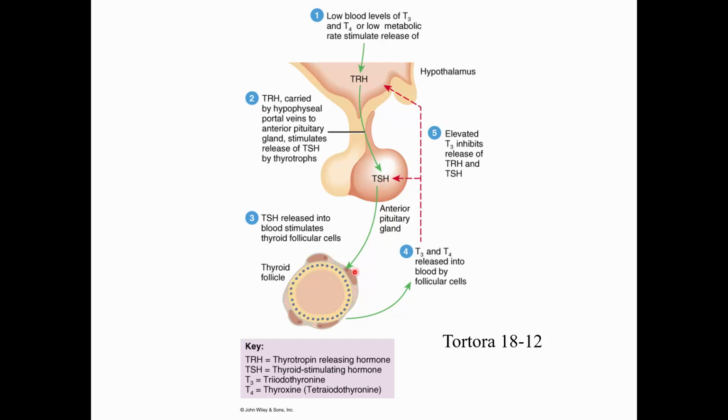That goes to the thyroid gland, here we see the follicle structure, and tells the thyroid cells to uptake iodide, to make more T3 and T4, and also to break down T3 and T4 and release it into the blood. If T3 and T4 go into the blood, they can feed back to the anterior pituitary and the hypothalamus to make sure that T3 and T4 levels don't get too high. So metabolism is being regulated through this negative feedback regulation process.